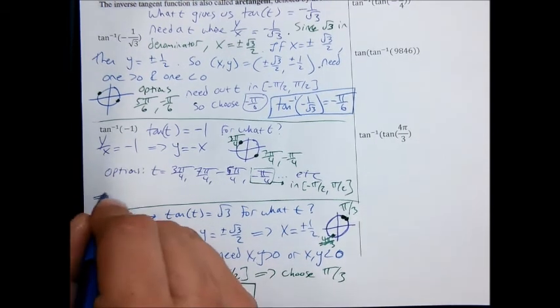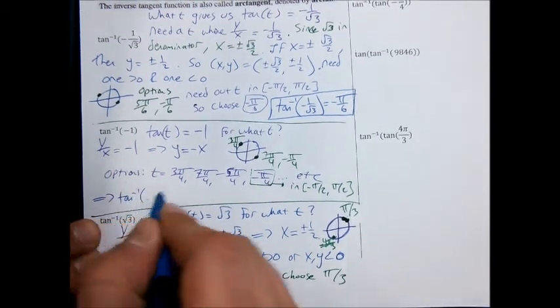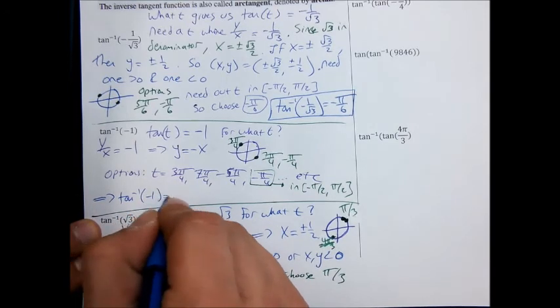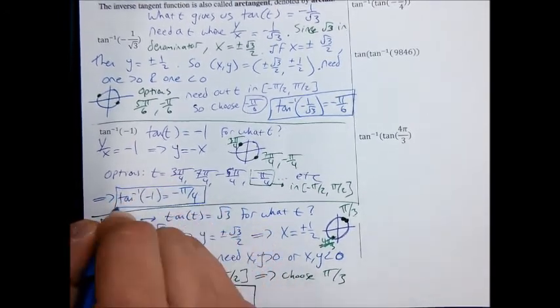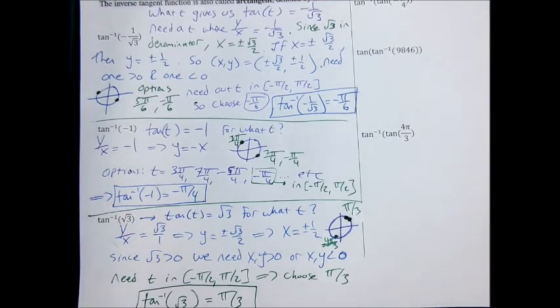And so our final answer then, tan inverse of -1 is minus pi over 4. Questions?